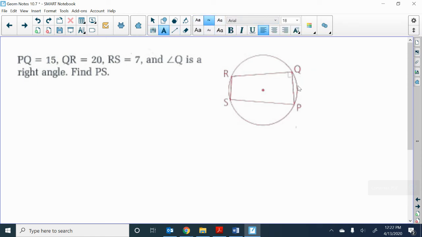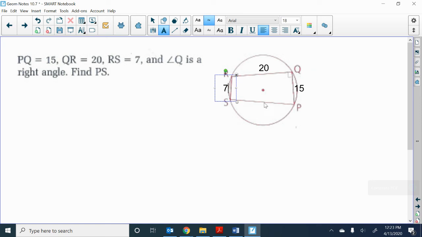We're told that PQ is 15, and we're told that QR is 20, and RS is 7. Okay, so clearly this is not a rectangle because RS and PQ are not congruent to each other. So we want to find PS.